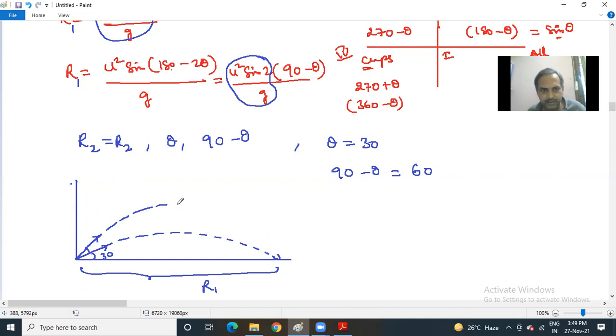The range is the same here. So this is the concept of complementary angles. But in the two cases, maximum heights are different. Even time of flights are also different.